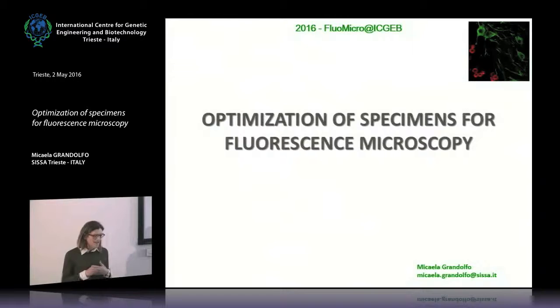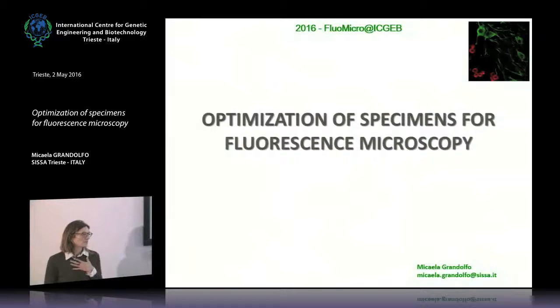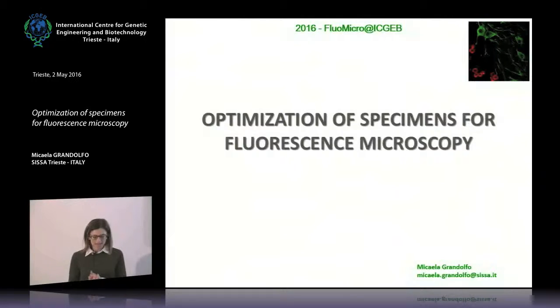So I decided to cover just a few topics, because this is just a very brief overview. We do not have a lot of time. These topics are very important, in my opinion, due to my experience in the lab with PhD students, undergraduate students, and so on. Something regarding the fixed sample and some for live sample.